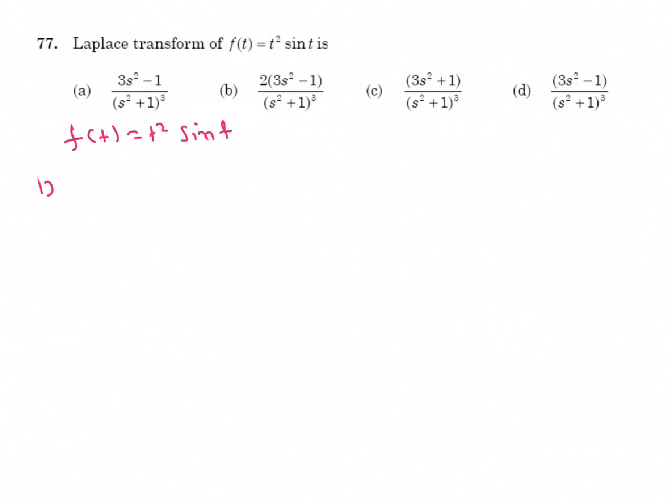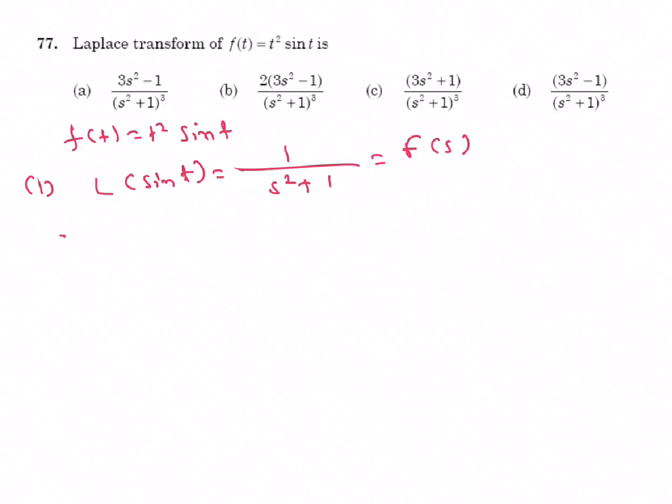So in step 1, first Laplace of sin t we will do. Laplace of sin t, direct formula is there, 1 by s square plus 1, this is equal to F of s.